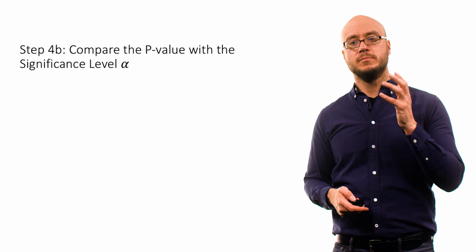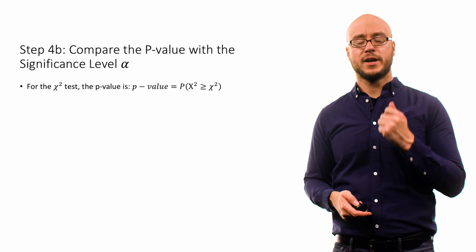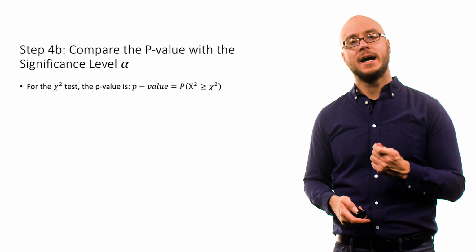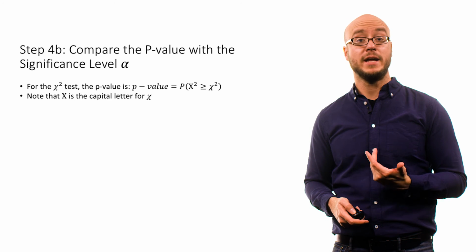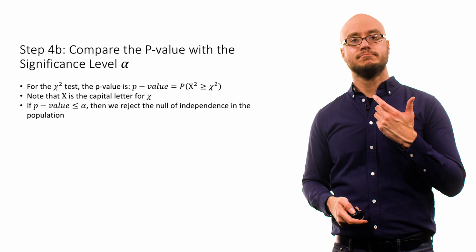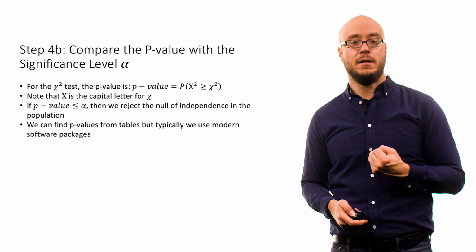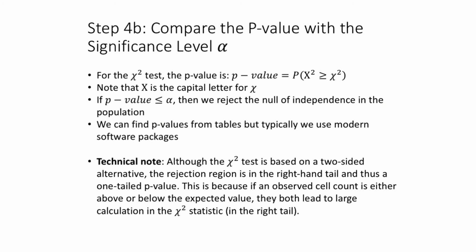Then you can also make a decision by calculating a probability, or p-value. For the chi-square test, the p-value is simply the probability of obtaining a chi-square test statistic greater than or equal to the one we actually obtained. Based on this probability value, we can just compare it with alpha. We typically will use statistical software to calculate our p-value.